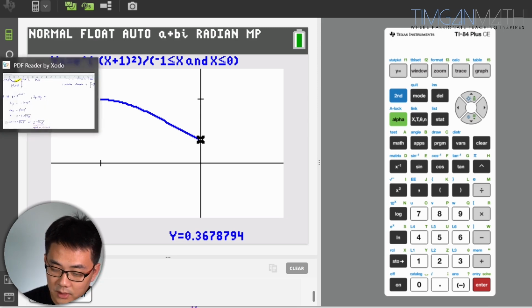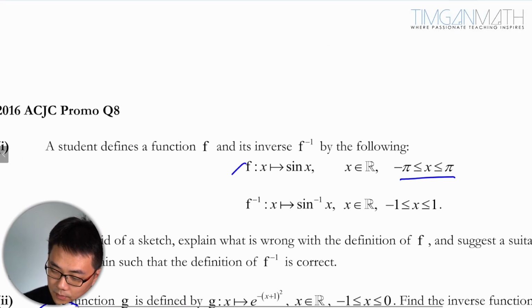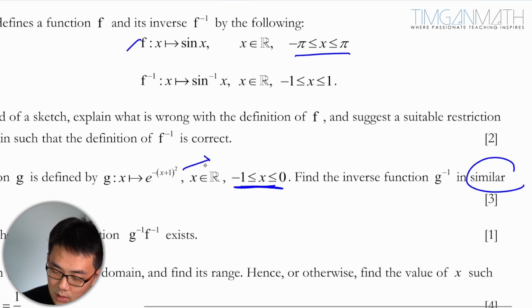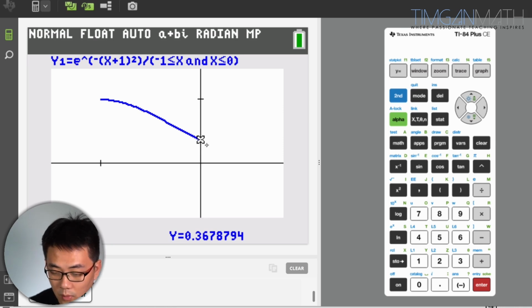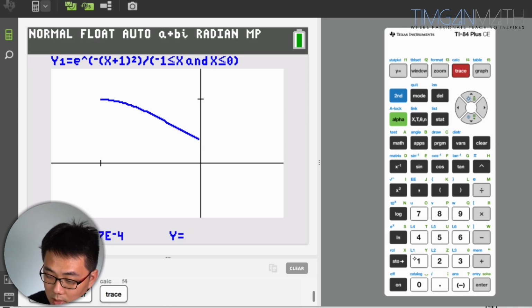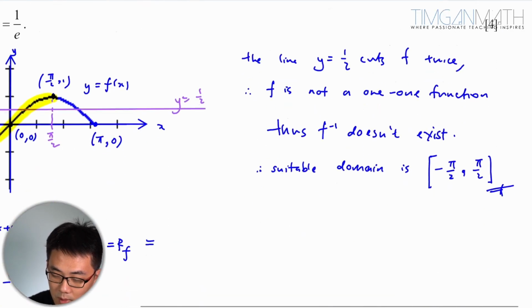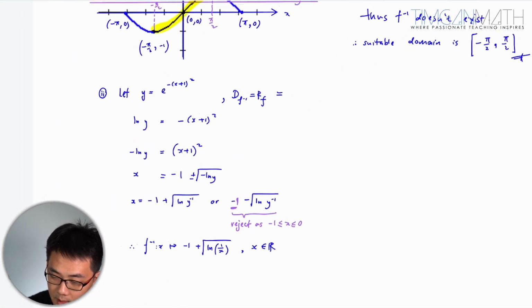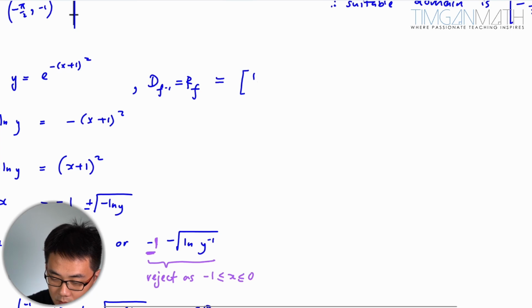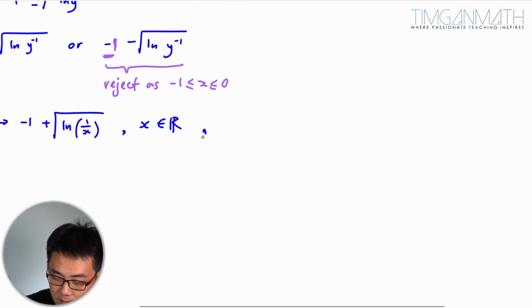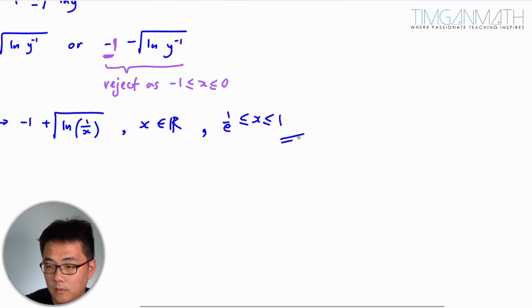When x is 0, y equals e to the negative 1, which is 1 over e. So this is actually 1 over e. And we found that this is 1. So this is inclusive of 1 over e to 1. So in other words, this will just be 1 over e to 1.